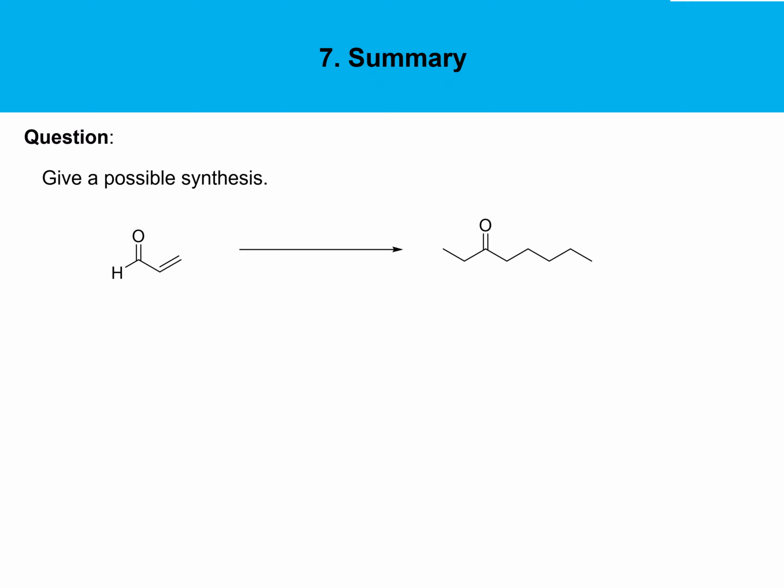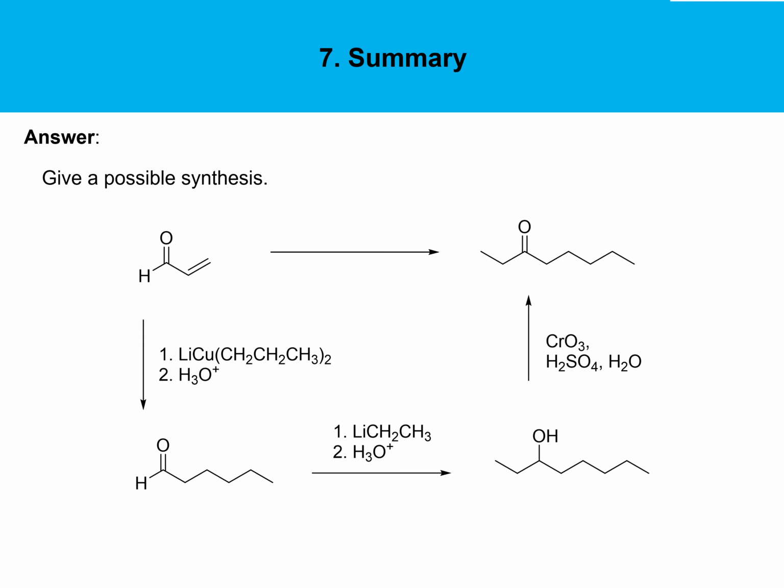Look at this synthesis problem. We're starting with an alpha beta unsaturated aldehyde, and we want to finish this synthesis with making this ketone here. With alpha beta unsaturated carbonyls like this aldehyde here, we can do additions of nucleophiles to both the beta carbon and directly to the carbonyl carbon.